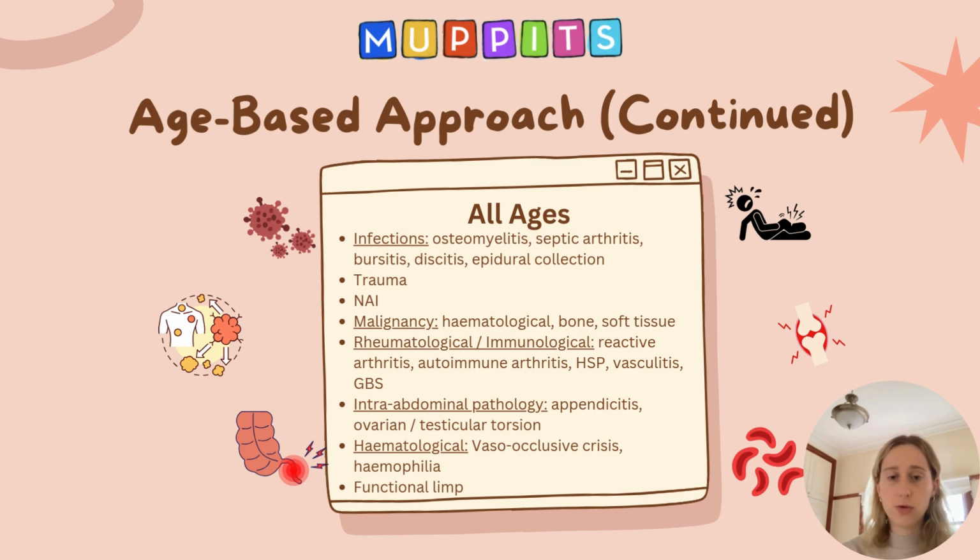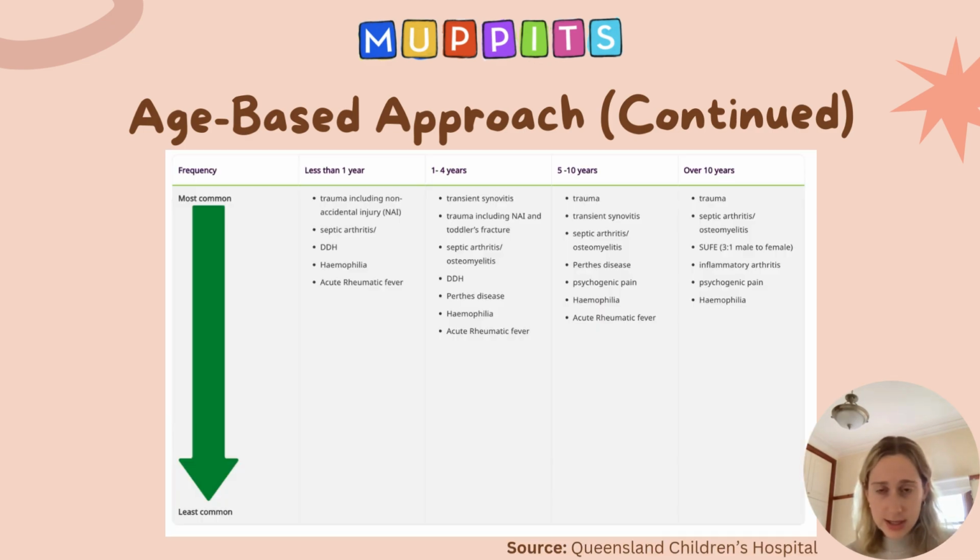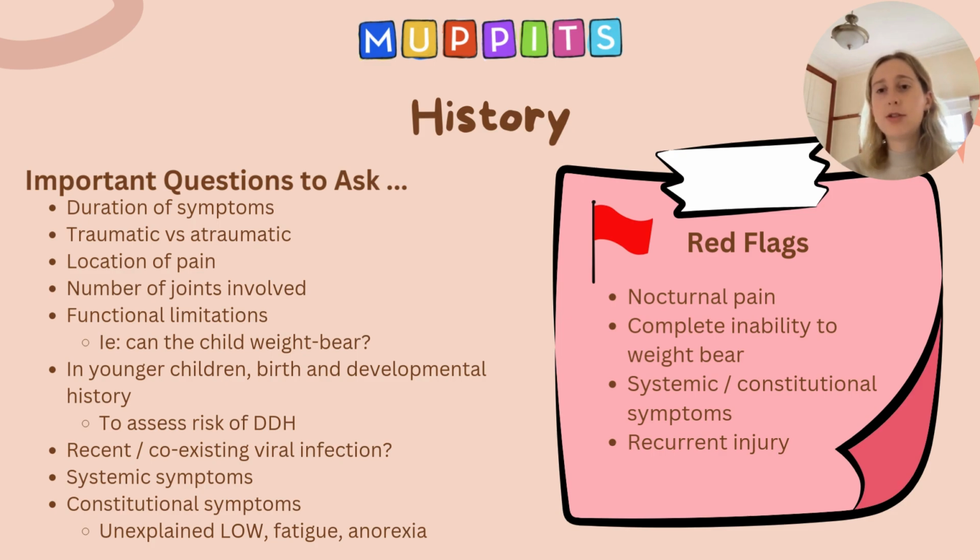Then for hematological, as spoken about, a vaso-occlusive crisis seen in sickle cell disease and haemophilia. And then a functional limp as well, which usually has some psychological features to it. I won't go too much into this, but this is a really good graphic from the Queensland Children's Hospital, which just shows again the different age groups and the frequencies of the conditions from most common to least common based on age groups.